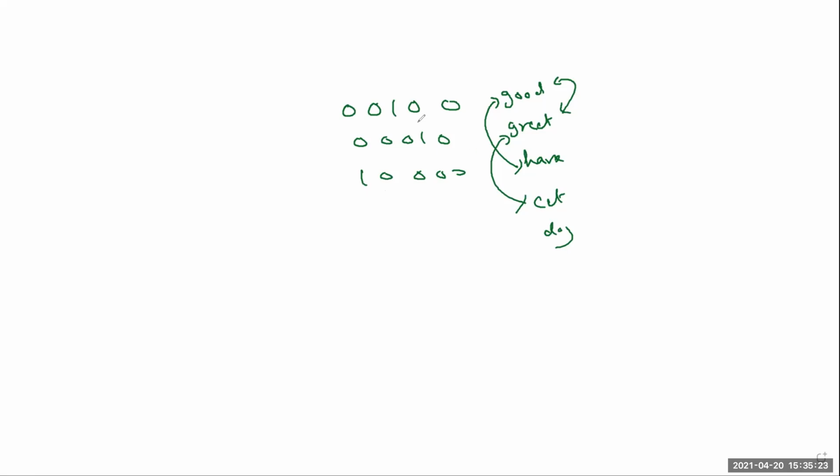But in this representation, when you try to compute the similarity between two words, you take their dot product. If you take the dot product of these two vectors, it is 0. If you take the dot product of good and this other vector, it is again 0. You can take the dot product of any two vectors, it will always be 0, because you have a 1 at a different position.